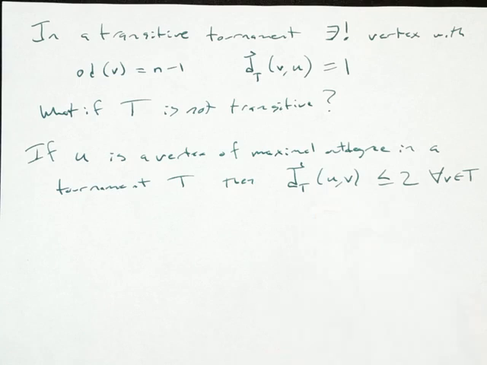This distance being less than or equal to 2. What does that mean? In a transitive tournament, we had a clear winner. Somebody beat everybody else. But in a non-transitive tournament, that distance being 2 means that either team U beat team V directly, or they beat someone else who also beat them. Even though they lost directly, they beat someone else who beat them.